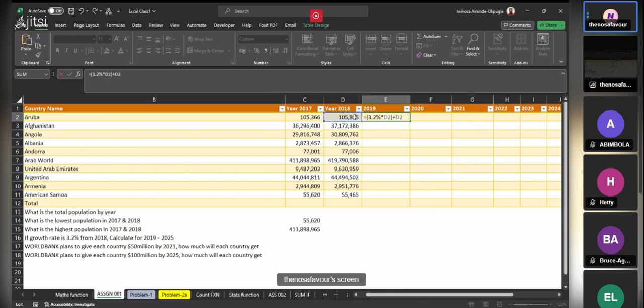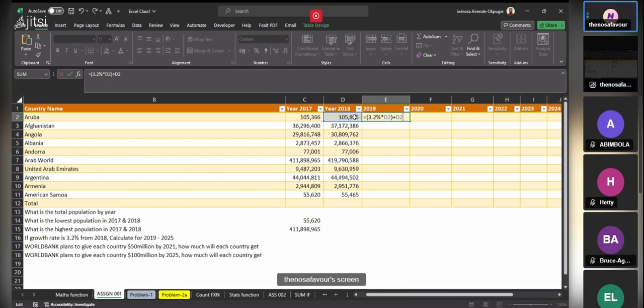So what this means is that at every year, 3.2% of the previous year is added to that same year to get the following year. So it's growing on a progression of 3.2%.